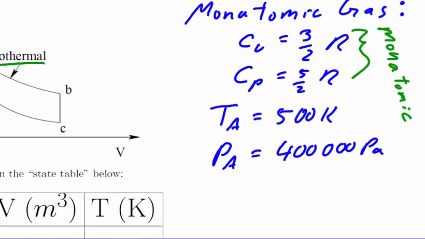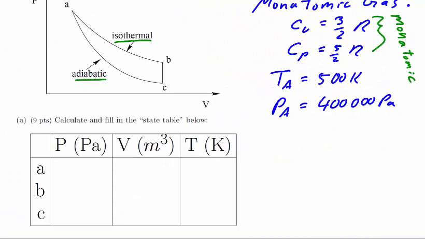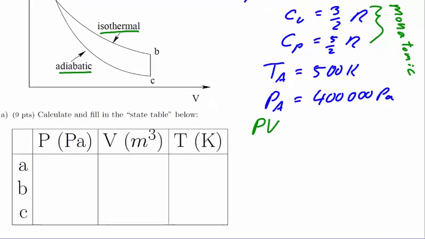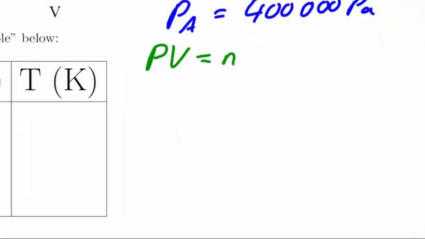In part A of this problem, we are to fill in the so-called state table, and we will mostly rely on the so-called equation of state, PV equals nRT, which is that equation that relates the 3 state variables, pressure, volume, and temperature.